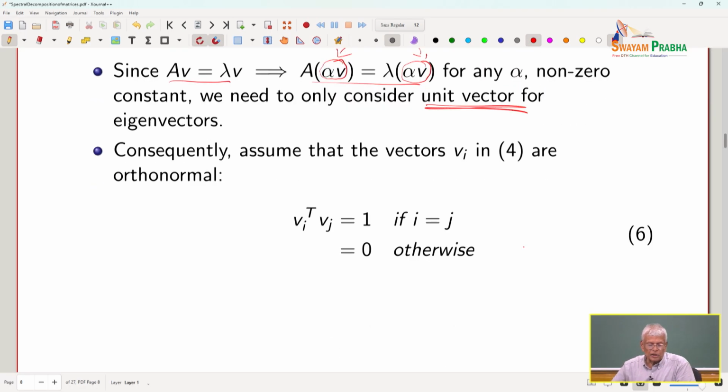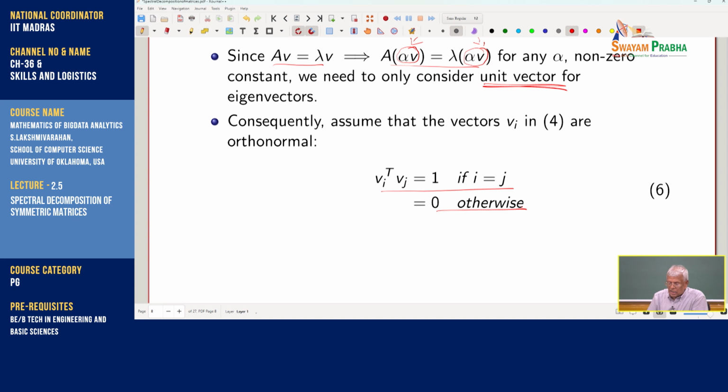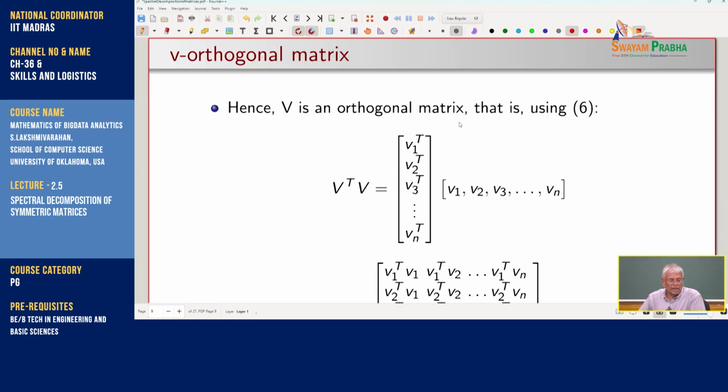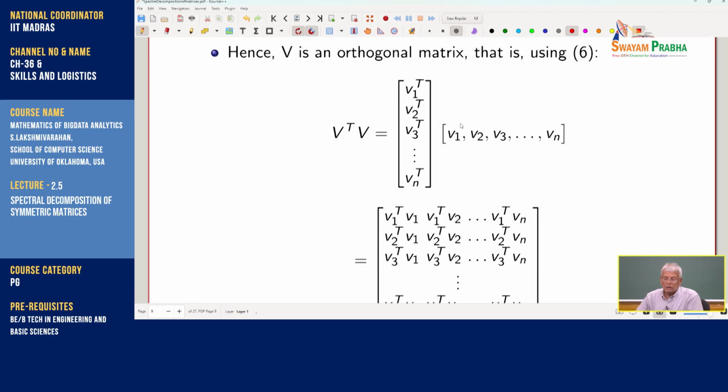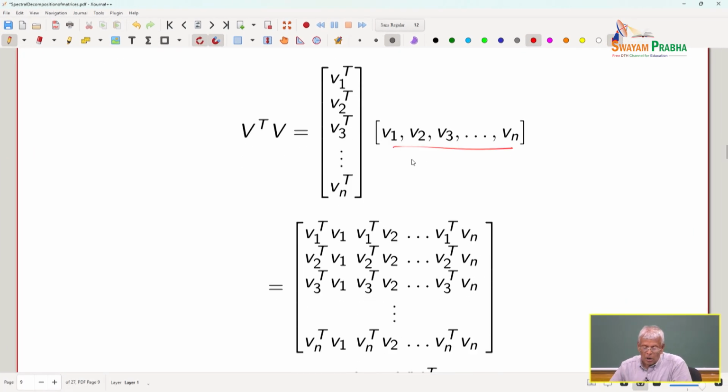If eigenvectors are unit vectors, then the inner product of two vectors that are not equal is 0, and of two vectors that are equal is 1. That is called an orthonormal system of vectors. Hence, V is an orthogonal matrix. So V transpose V is an outer product matrix.